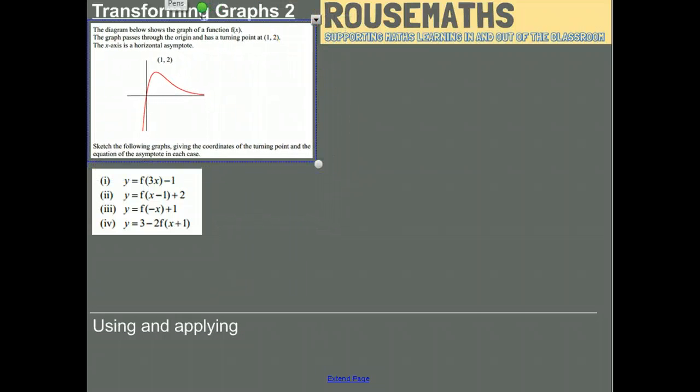So if we have a look at our first one here, I want to first of all talk about what effect these two things will have. So first of all, the 3x inside means that all the x coordinates will be divided by 3, because that will squash all the x coordinates in towards the y-axis.